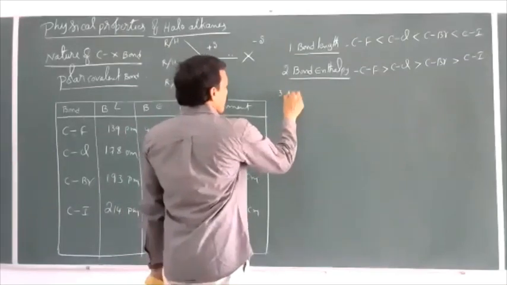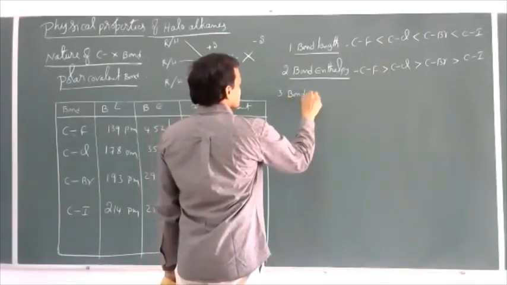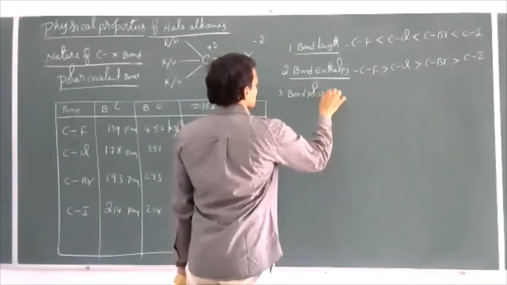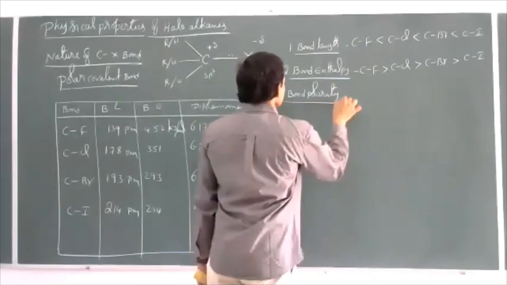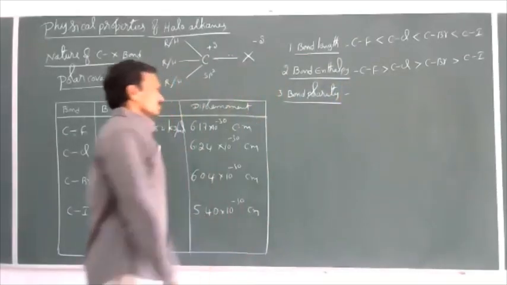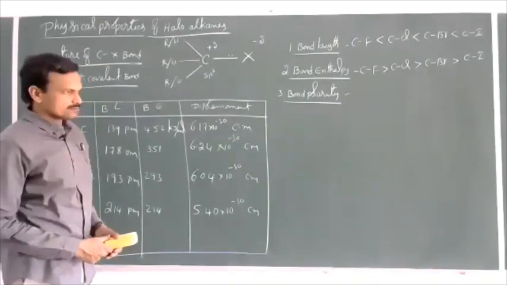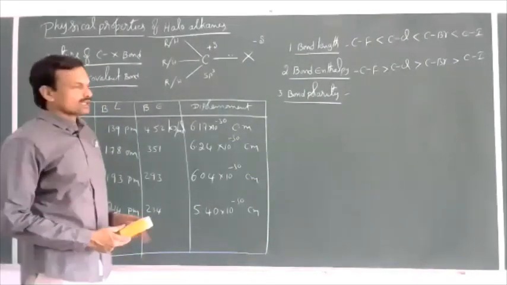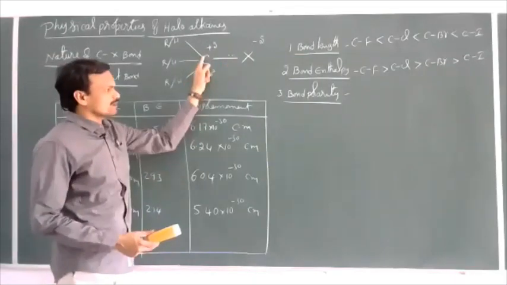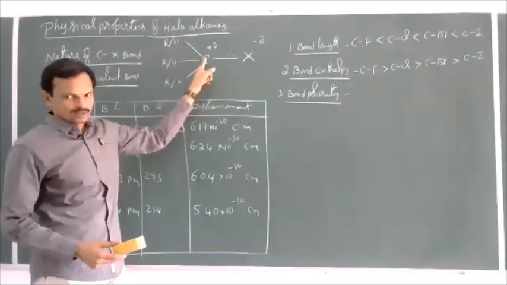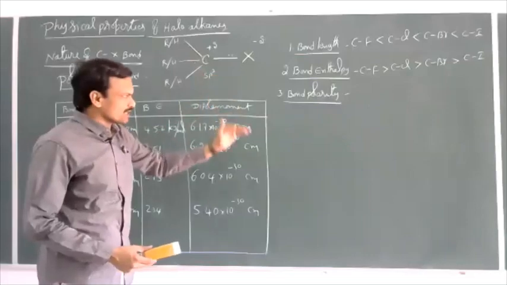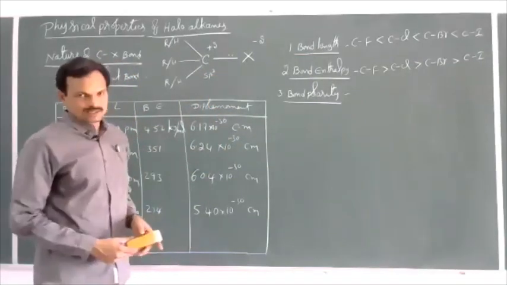Next, bond polarity. Bond polarity depends upon electronegativity difference. The more the electronegativity difference between halogen and carbon, the more is the bond polarity. As electronegativity decreases, bond polarity decreases.